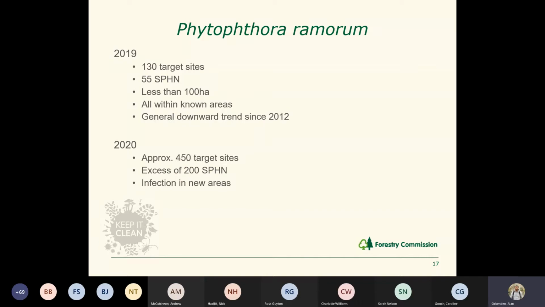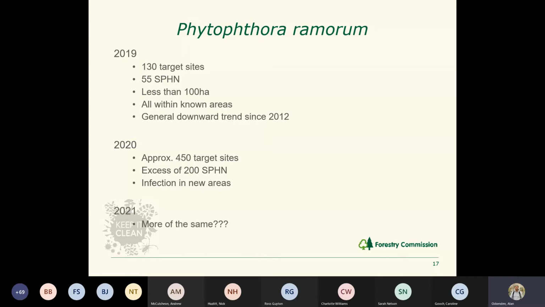Last year we had a significant upturn, so we've had just over 450 target sites, a significant increase in the number of notices that we've issued, and those notices have also in some instances been in new areas of infection like the Peak District, up into the Yorkshire Dales as well. So there's been new areas of infection, and thinking about the Peak District and Yorkshire Dales, that'll start to make a bit more sense when we look at some of the weather patterns in a moment.